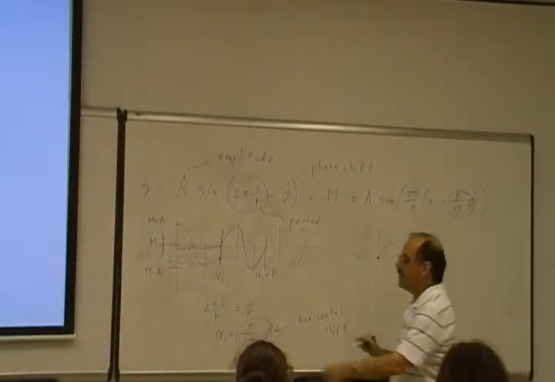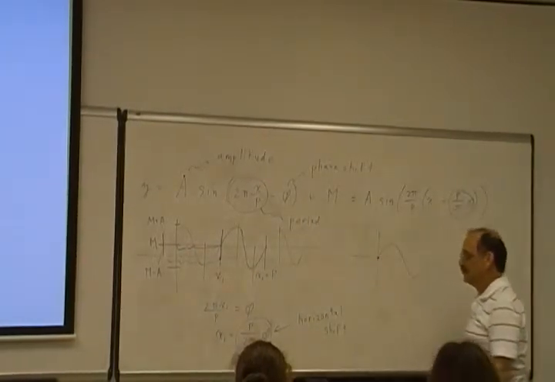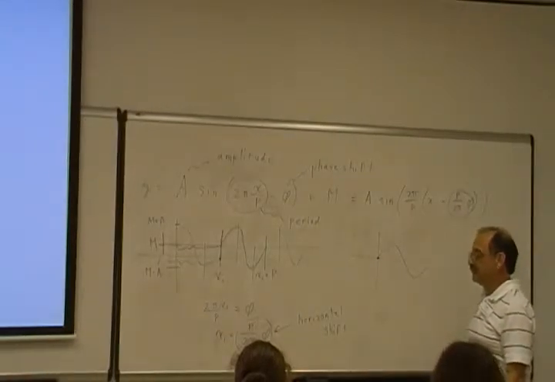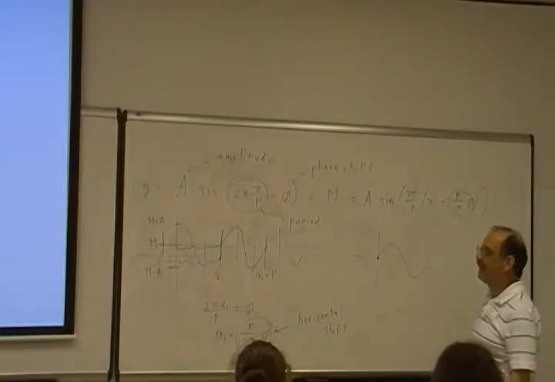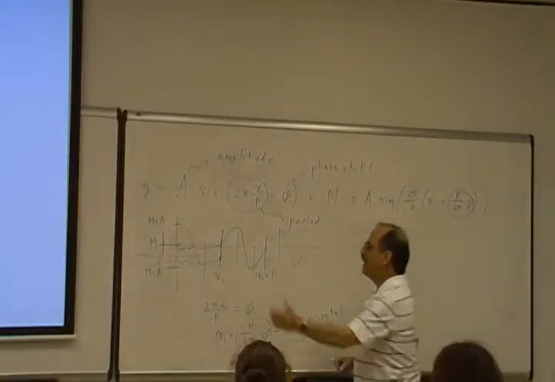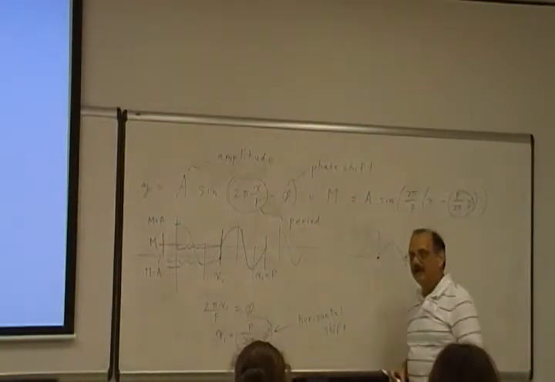And it's that amount that it's out of sync with the usual sine function. And the physicists use the words leading and lagging. This one's technically leading. If it's behind instead of in front, then it's lagging.